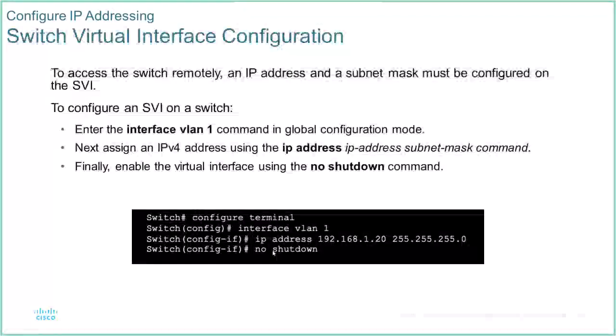So we want to enable this interface, turn it on, so we type in no shutdown. If we wanted to remove an IP address, we would put no ip address and type in the IP address to remove it.